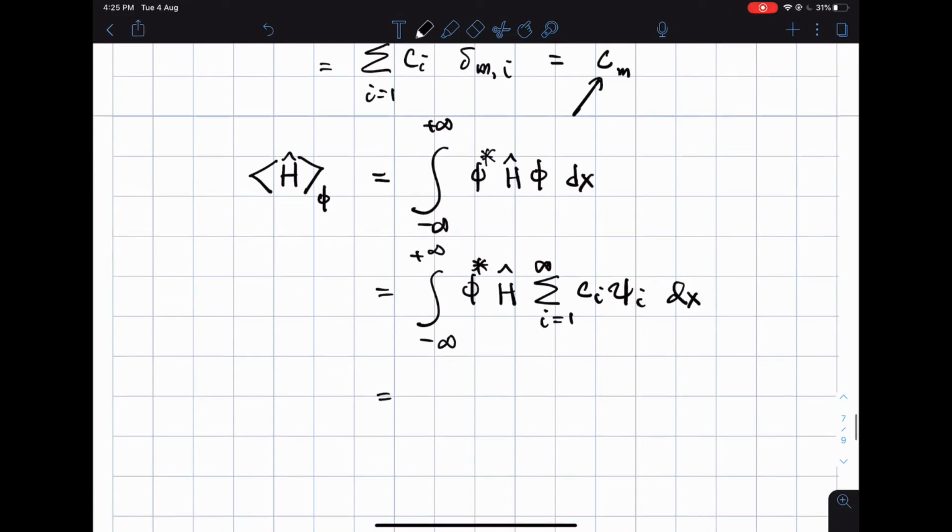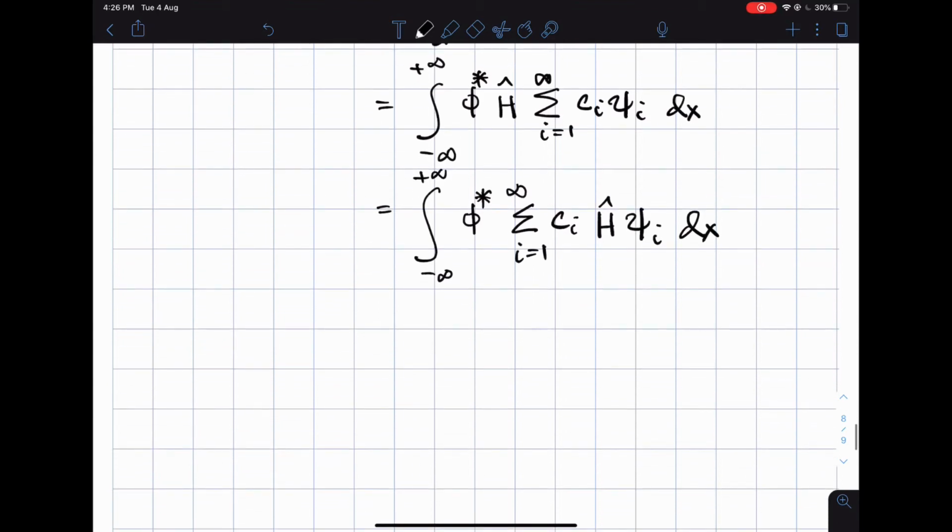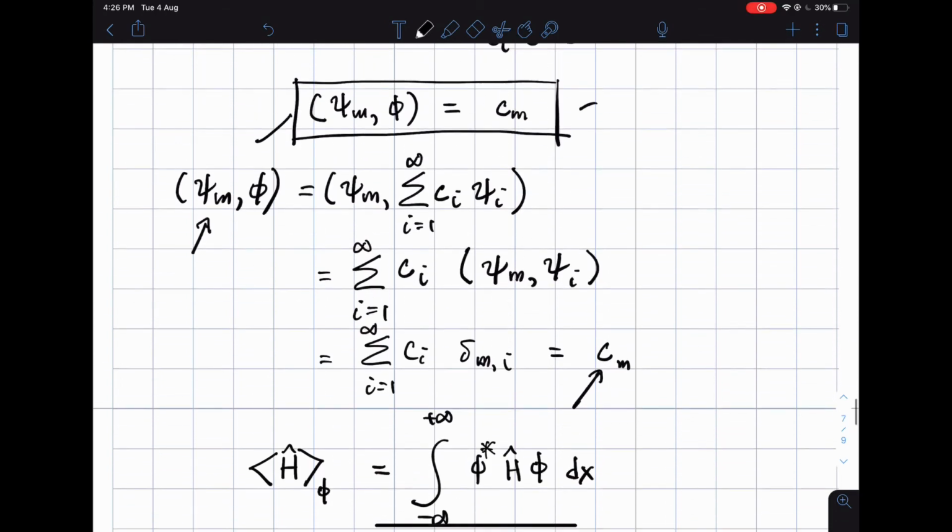and then we can bring the Hamiltonian operator inside this sum. But H hat acting on psi i, what does it give me?